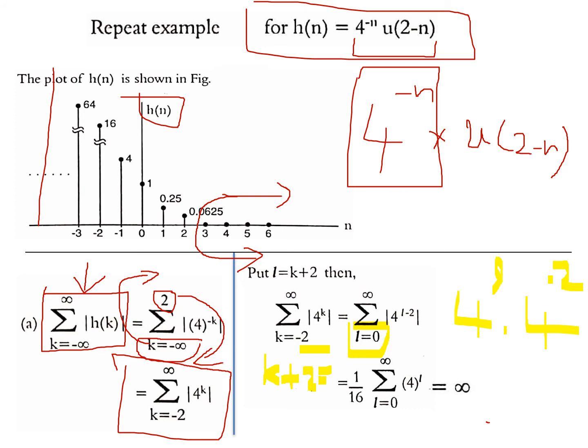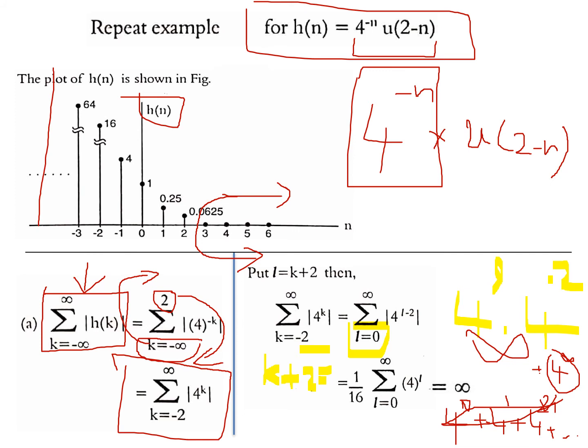If I go on adding 4 to the power of 0 plus 4 to the power of 1 plus 4 to the power of 2, and so on, up to 4 to the power of infinity, the upper limit is already infinity. Because alpha is greater than 1, this is a diverging series. 1 by 16 into infinity is infinity.